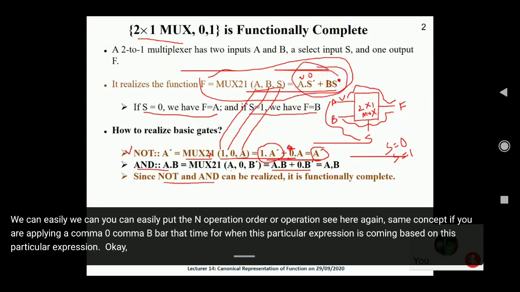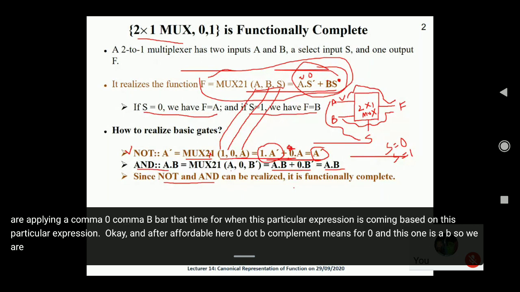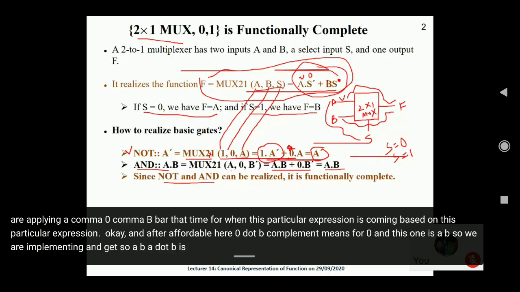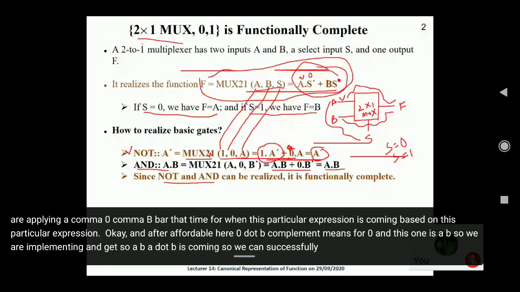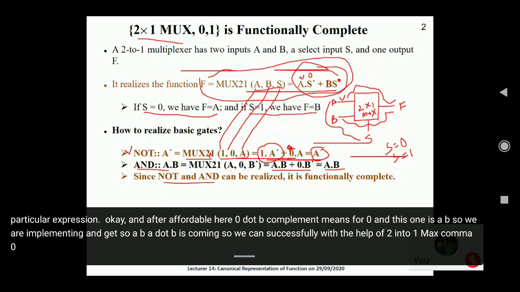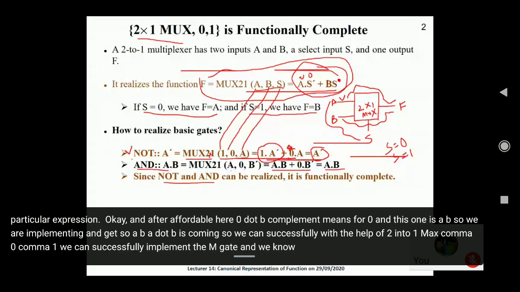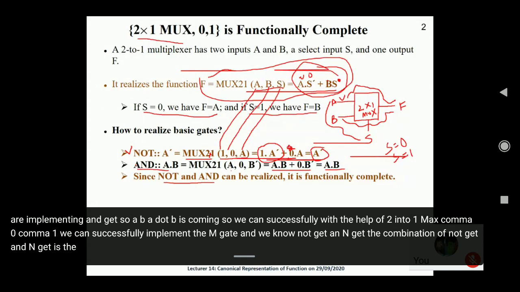Here 0 dot B complement means 0, and this one is AB. So we are implementing the AND gate, so A dot B is coming. So we can successfully, with the help of 2 into 1 mux, 0, 1, implement the AND gate. And we know the combination of NOT gate and AND gate is functionally complete. So we can say that 2 into 1 mux, 0, 1 is also functionally complete.